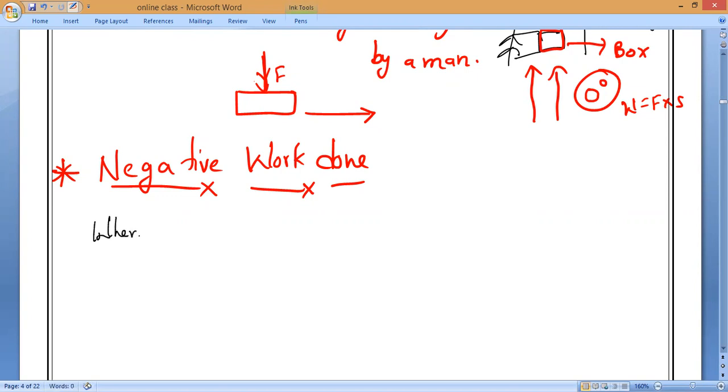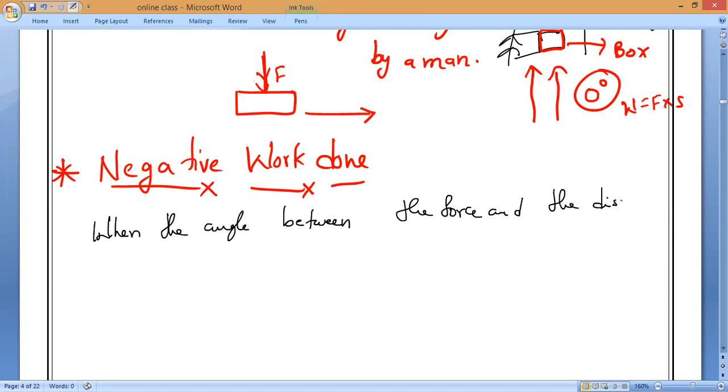When the angle between the force and the displacement of a body is obtuse angle.